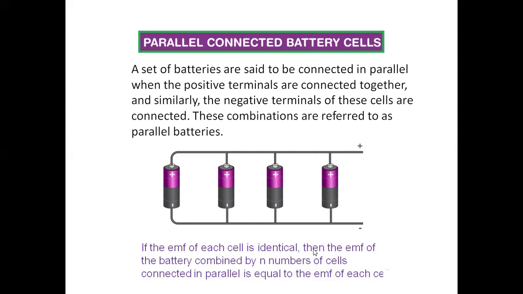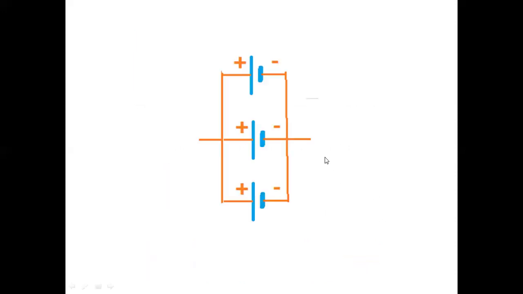If the EMF of each cell is identical, then the EMF of the battery combined from n number of cells will be equal to the EMF of one single cell. Here, this is the diagram which shows the connections. That is, all positives are joined and all negatives are joined.